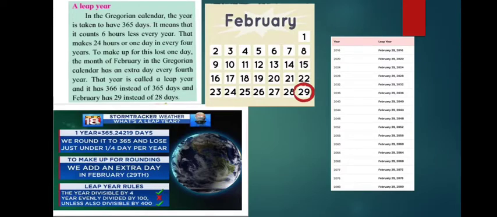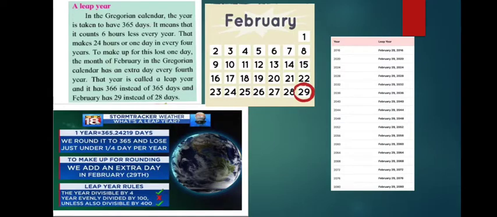So 2020 was a leap year. February had 29 days. Now the next leap year will be 2024. See, I have given a list of leap years from 2016 to 2080. In these years February will have 29 days.